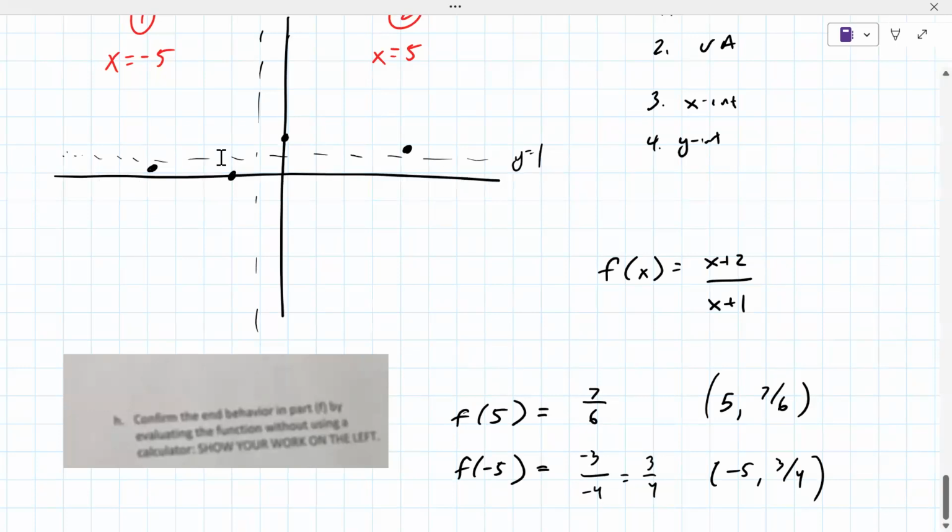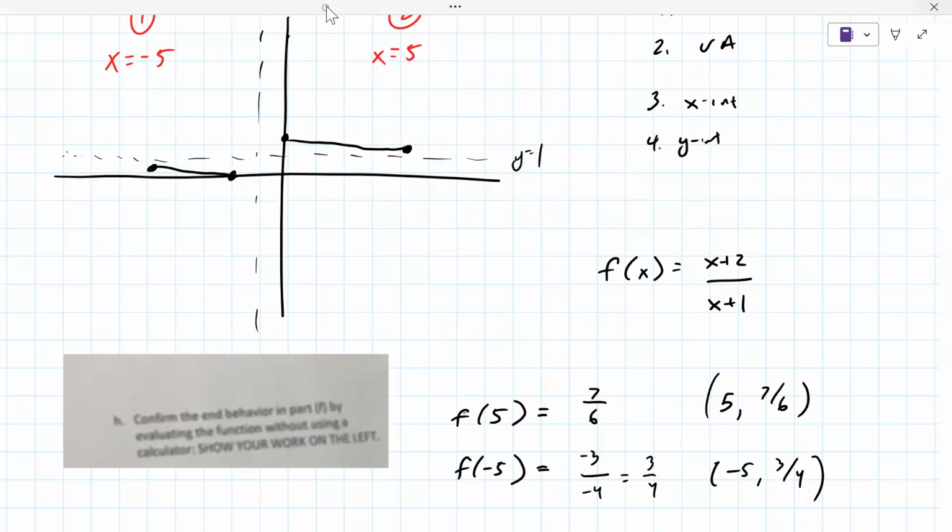So now it's like, well, what do you do? Well, you can connect the dots, so you can at least connect them, right?